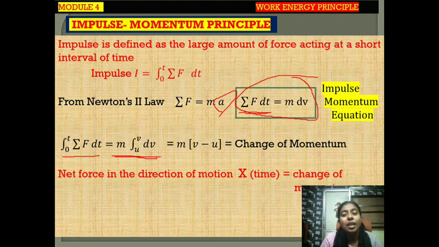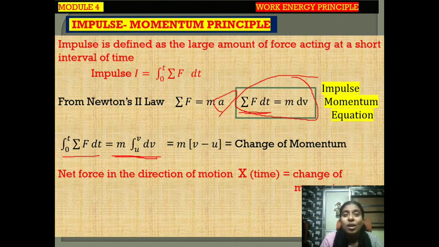Final velocity minus the initial velocity, mass into that change in velocity, is called change in momentum. Mass into velocity, mv, is called momentum. So impulse is nothing but the change of momentum.